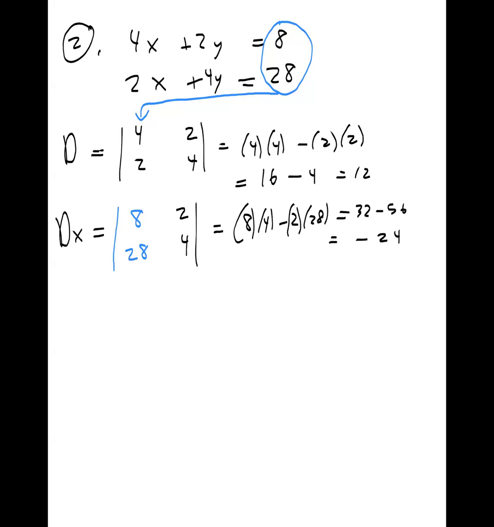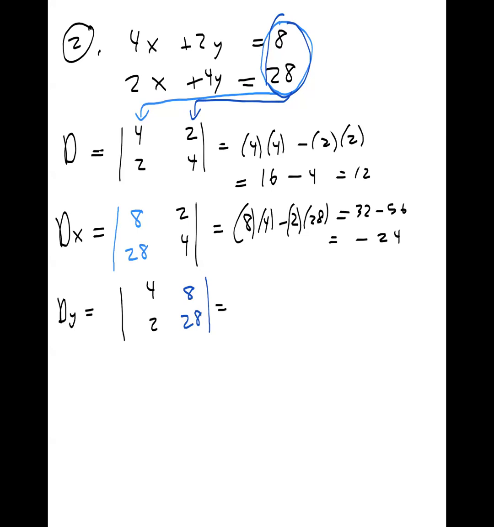And then we're going to do the same thing, but replace the y values with those numbers. We take those numbers, substitute them into the original matrix in the place of the numbers where the 2 and the 4 are. So 8 and 28 go in the place of the coefficients of the y values now, and you keep the 4 and the 2 in the same place as before. When you replace the column of the y coefficients with the right side numbers, but keep the x coefficients the same as they originally were, this is called the determinant of y, or Dy for short.